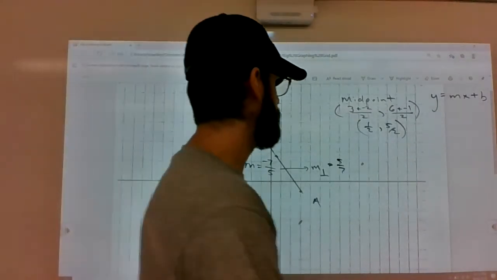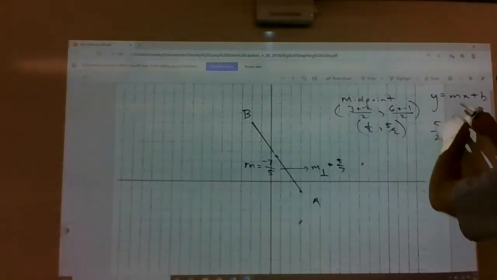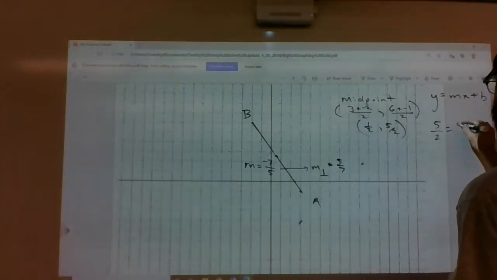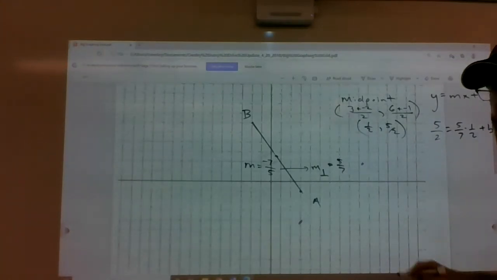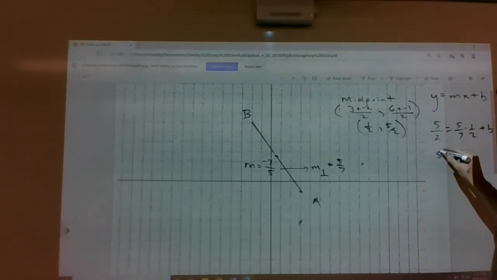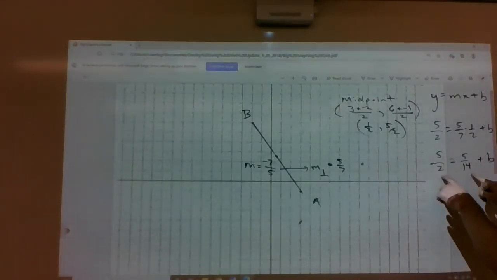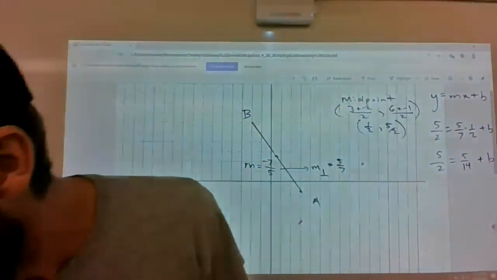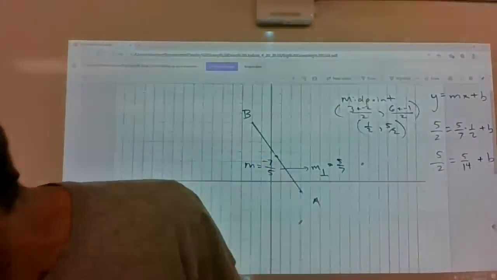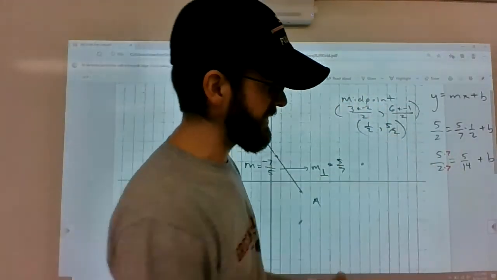Let's plug in. Y is 5/2. M is 5/7. X is 1/2. Now find B. It looks like we're going to need to find a common denominator, so I'm just going to spearhead that right away. Times 7 times 7. It's going to be 35/14 on the left.